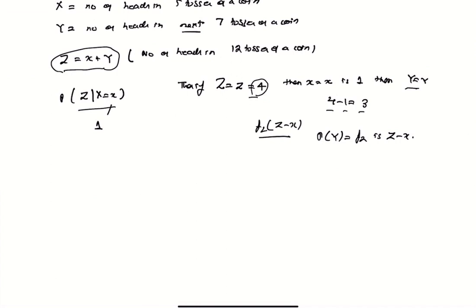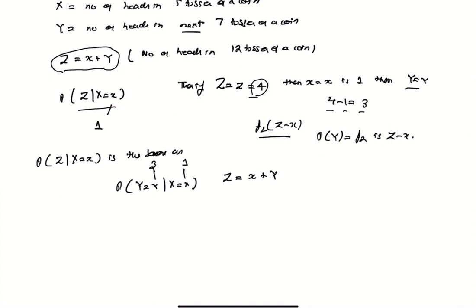But independence is implied here. Probability of Z given X is equal to x is the same as probability of Y is equal to little y given X is equal to little x, when Y is say 3 and X is say 1, because Z is equal to X plus Y. Z is 4 and X is 1 and Y is 3.